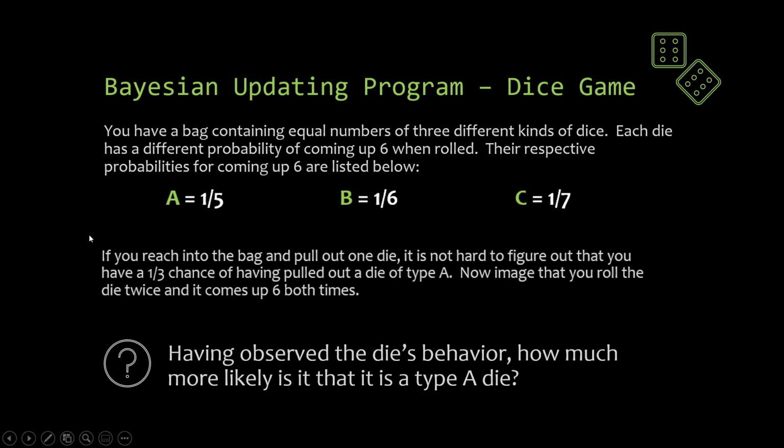If you pull it out and you don't roll it, you have a 1/3 chance of it being type A. But if you roll it twice and it comes up 6 both times, and a type A die is more likely to do that, just how likely is it that you pulled the type A die? We're going to take a look at some code, and it'll give us the answer to this problem.